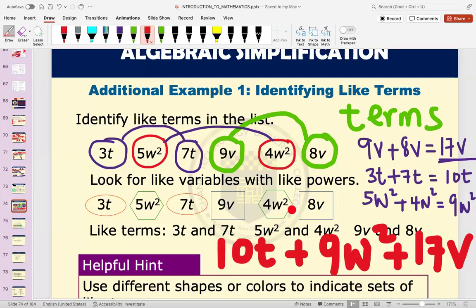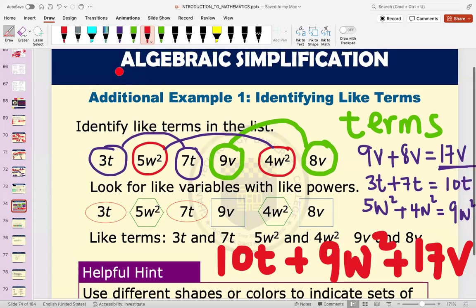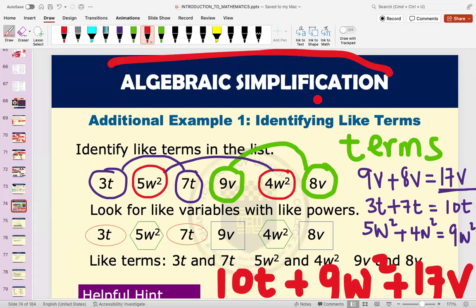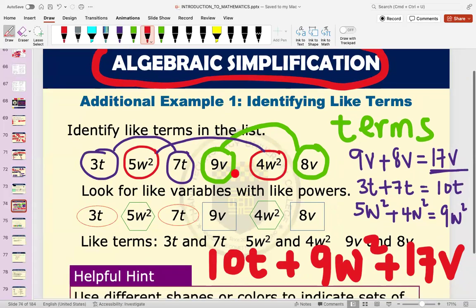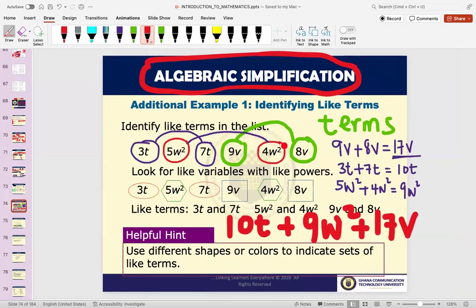So we have used algebraic simplification to simplify a 6-term line to a 3-term line. And that is the first property we want to discuss, that anytime you have a lot of algebraic expressions, is there a way to put them together to form a different shape? Yes, that is possible.